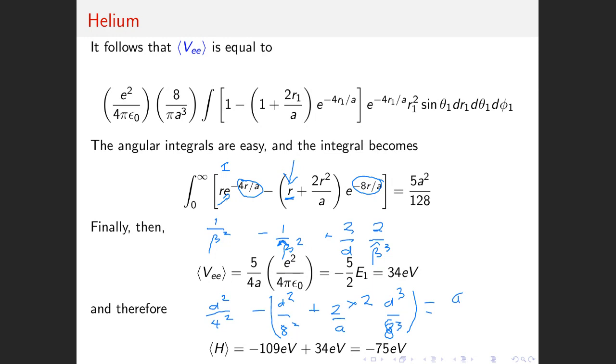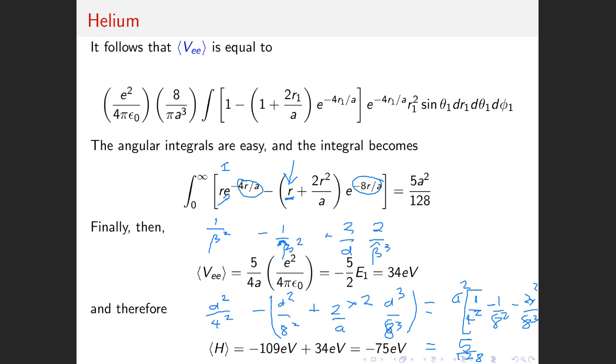And if you plug all these numbers in, you factor out the 1 over a squared, you get 1 over 4 squared minus 1 over 8 squared minus 2 times 2 over 8 cubed. And this gives you 5 over 128.